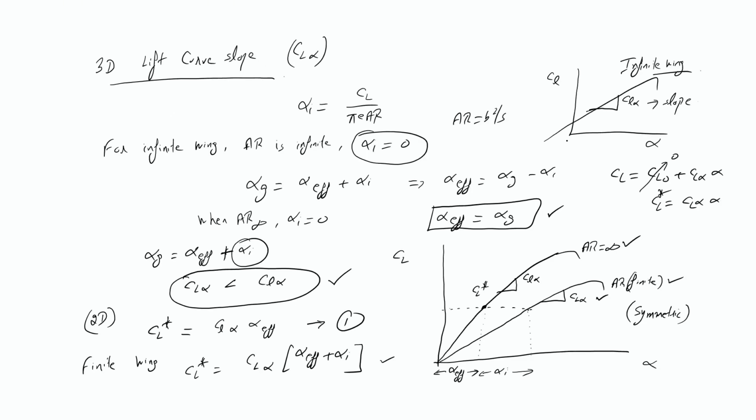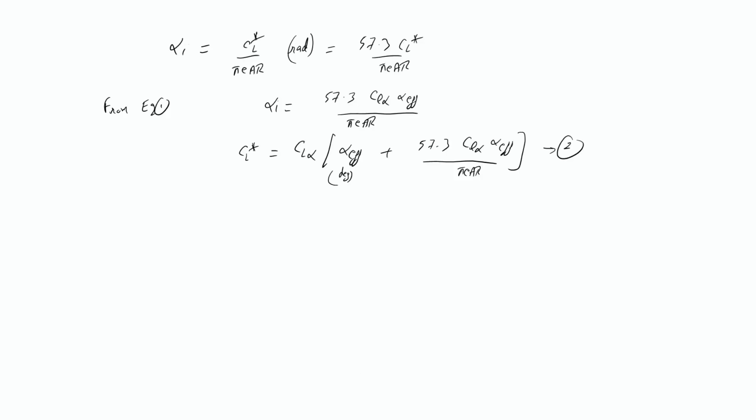Now see here, Cl star is actually the same, whether it's for an infinite or finite wing. It is the same constant. So since Cl star is the same, equating equation 1 and 2, what do we get here?